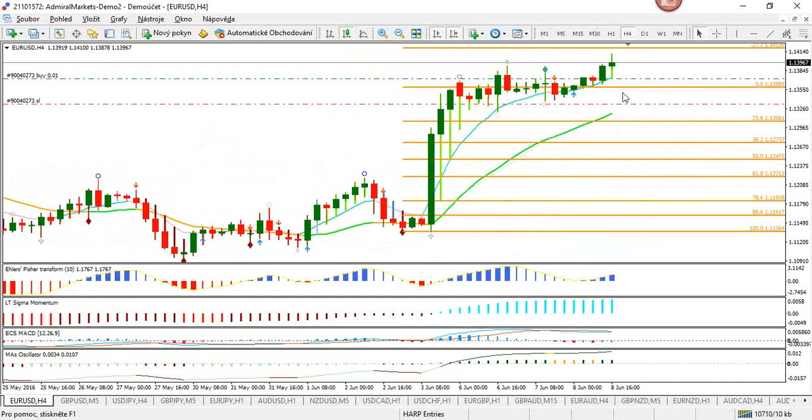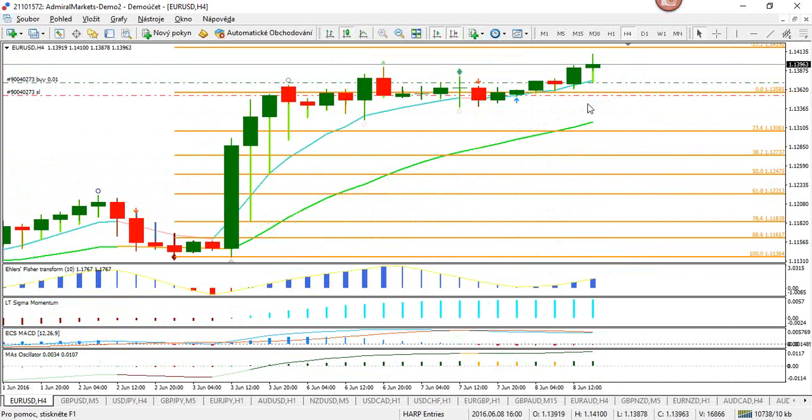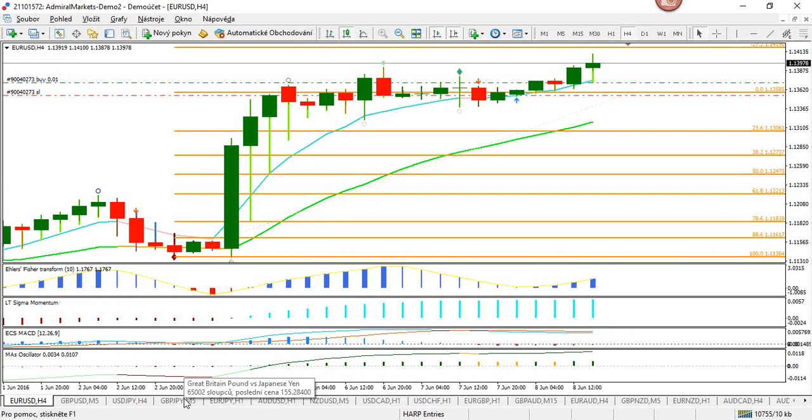Or the 4-hour. It could be worth trailing the 4-hour chart. This candle. All right, so let's see how that one pans out.